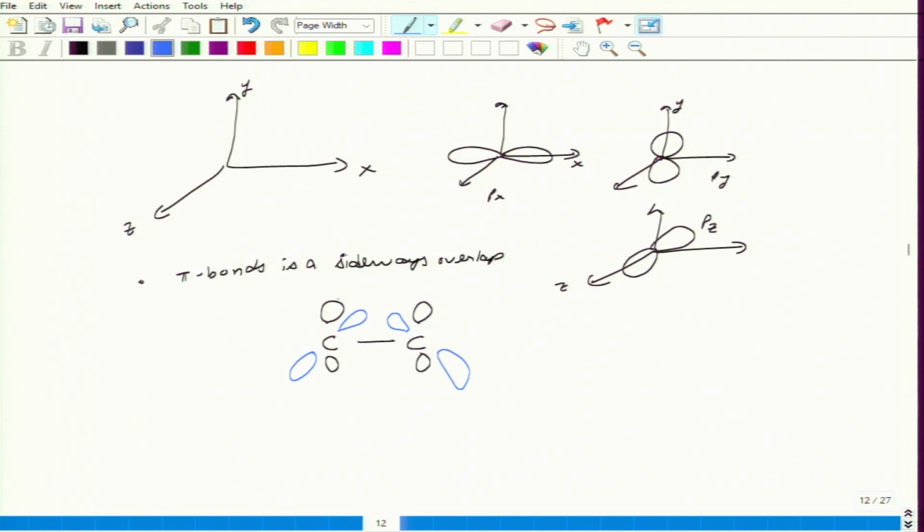So this is the formation of one pi bond, and this is the formation of the second pi bond. In the 2D picture it is not that clearly visible.